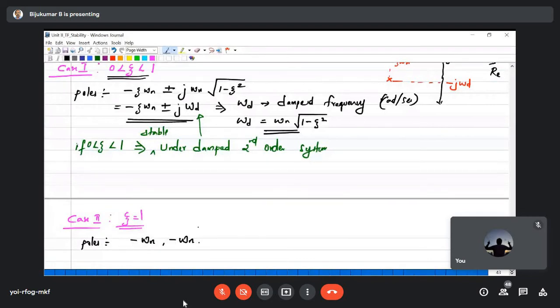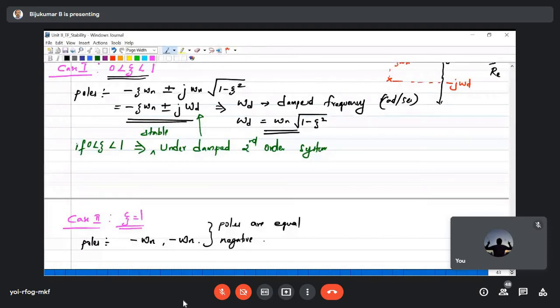Right? So what is the meaning? If zeta is 1, your poles are equal, at minus omega n. Previously we had distinct poles. Now your poles are equal, and they have only negative real parts. There is no imaginary part.